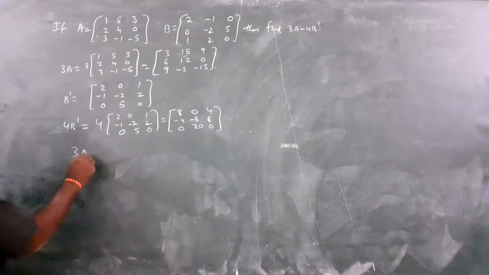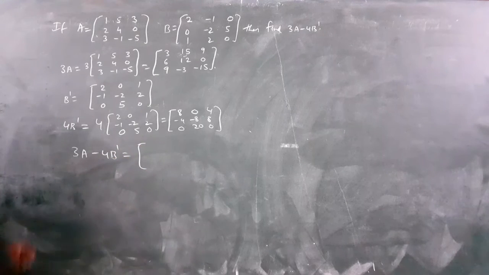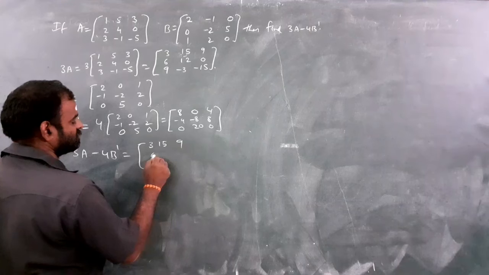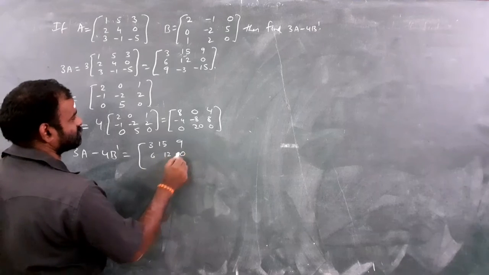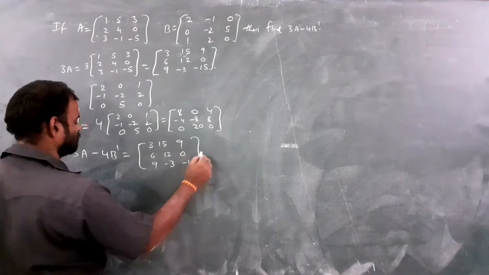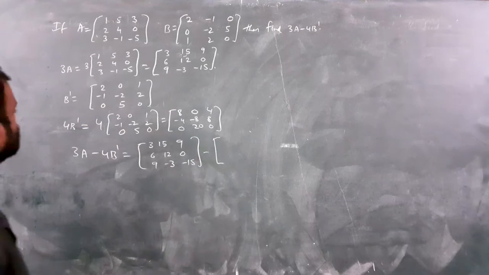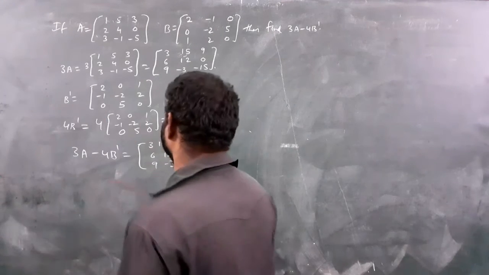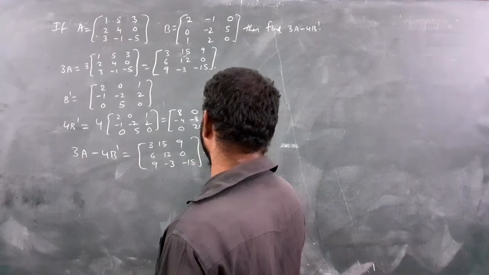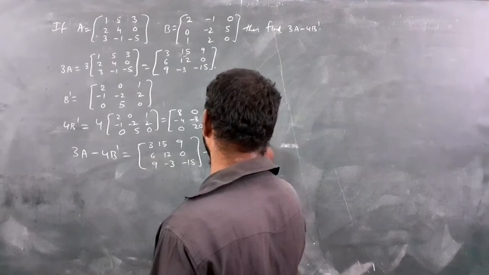Now 3A minus 4B dash they asked us. So what is 3A? 3 15 9, 6 12 0, 9 minus 3 minus 15, minus 4B dash, which means 8 0 4, minus 4 minus 8 8, 0 20 0.